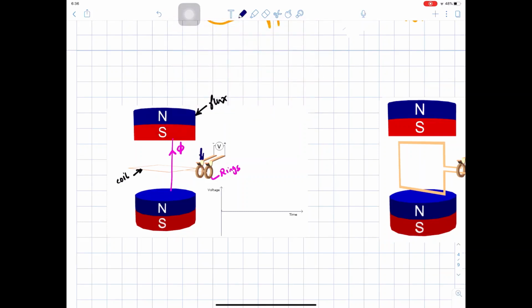And here we have our brush, and this coil has two sides.